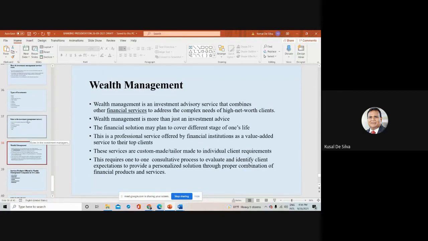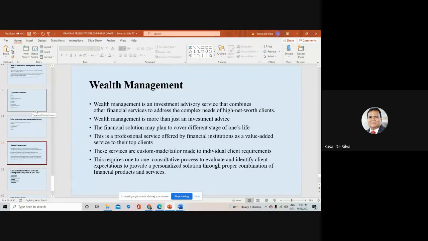Similarly, we discussed the investment manager, investment management. Wealth management is a kind of which includes investment management. Wealth management is a part of investment management.